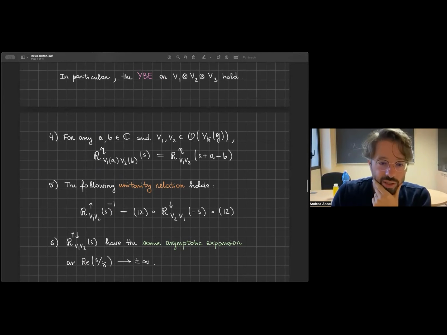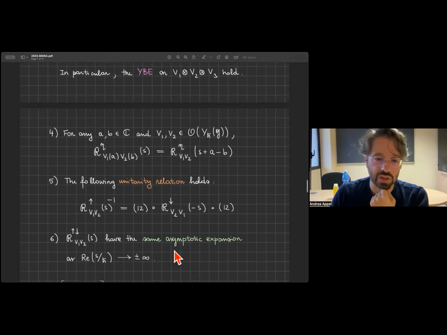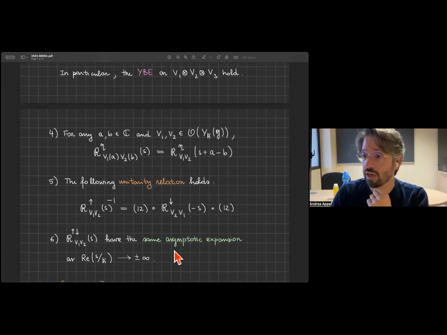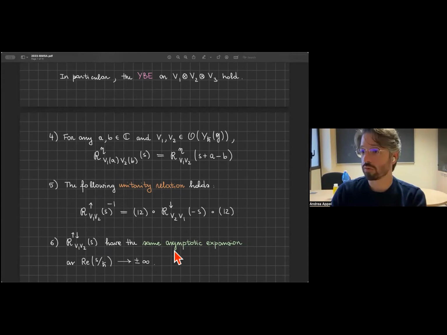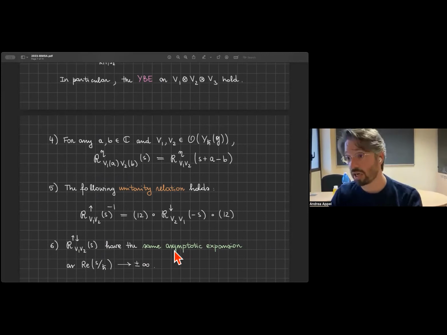And this property 6, that the two operators have the same asymptotic expansion at infinity, comes to be quite useful when we now want to ask about rationality.